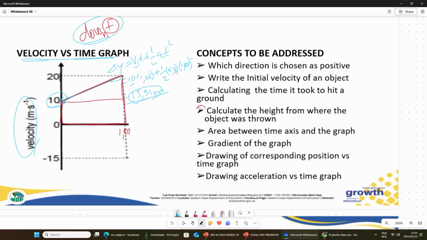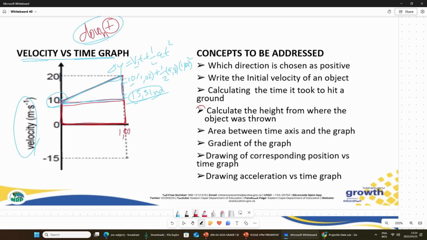Let me use the blue one. The top part here is the triangle, but the bottom one is your rectangle. So the total area is made out of these two shapes, the triangle and the rectangle.